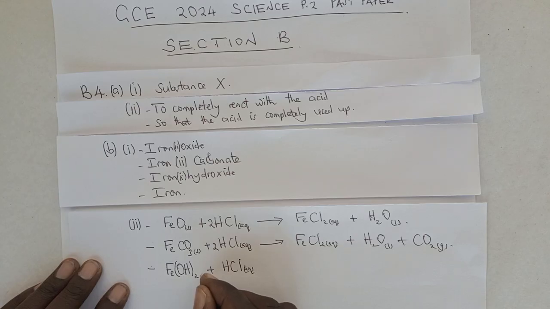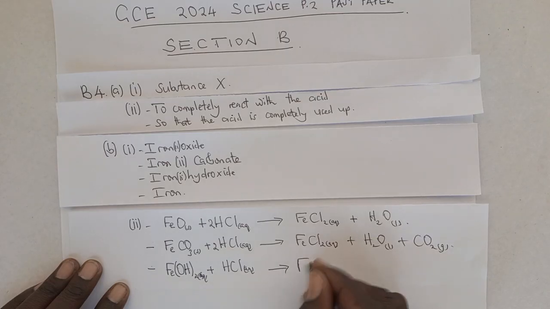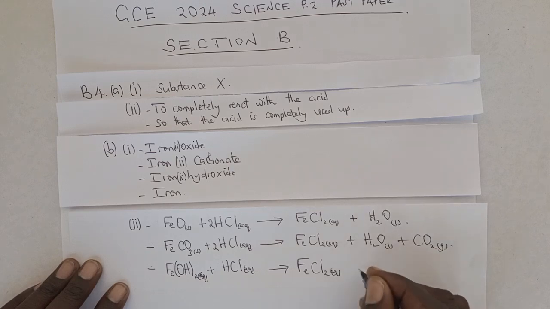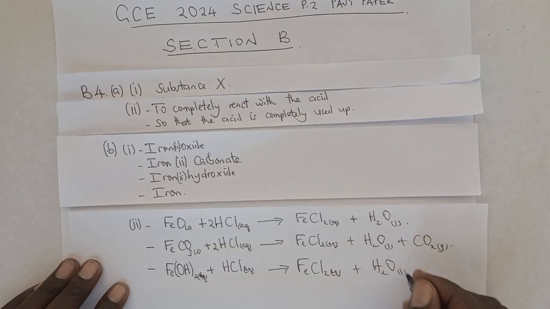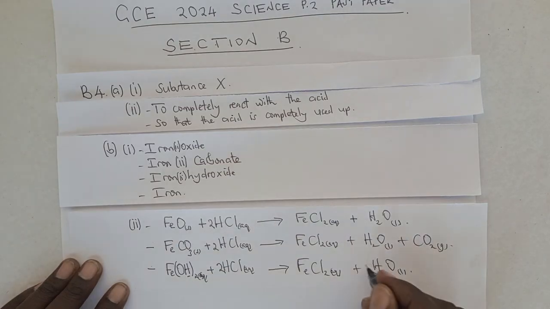Iron 2 hydroxide, sometimes it is slightly soluble, so you may have aqueous or a solid, to give you iron chloride, which is in aqueous state, plus water. Is the equation balanced? We add the 2 here, and because of this we add the 2 here. I think the equation now is balanced.